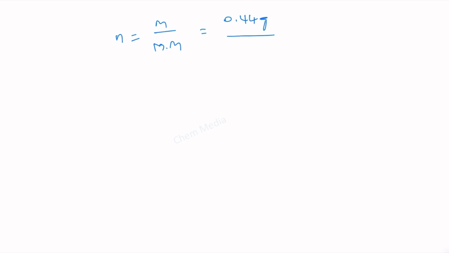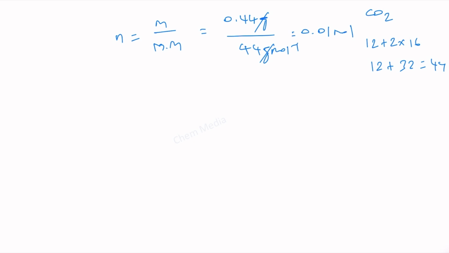Molar mass of CO2 is 12 plus 2 times 16, and therefore 12 plus 32, that is 44, so 44 gram per mole. Therefore, this is 0.01 mole. So, if the sample is pure, then 0.01 mole of MgCO3 should give 0.01 mole of CO2. That is what it means.